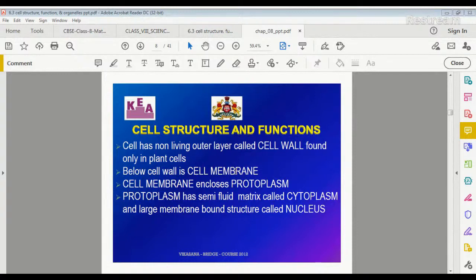The plasma membrane is porous and allows movement of substances or materials both inward and outward. Right. Next, we will move on. I will talk to you later about this.